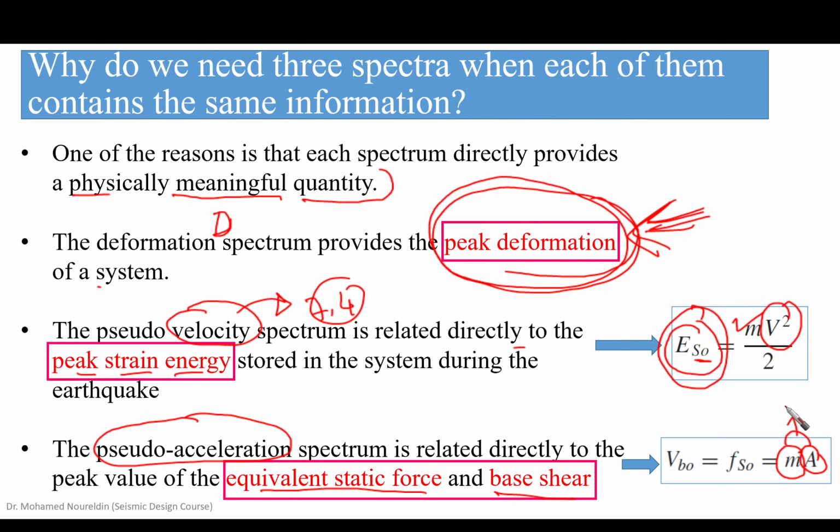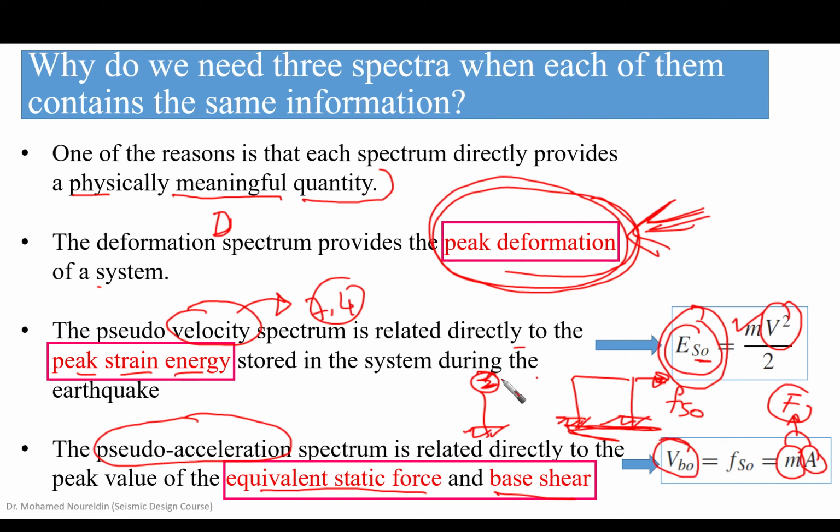Yes, the force. What force here? The force that, if we have a single story, for example, or even a single degree of freedom system, is going to be developed here due to the inertia force. This is what we call F_S0. And this is going to be equal to the shear of the system, which is V_B0.